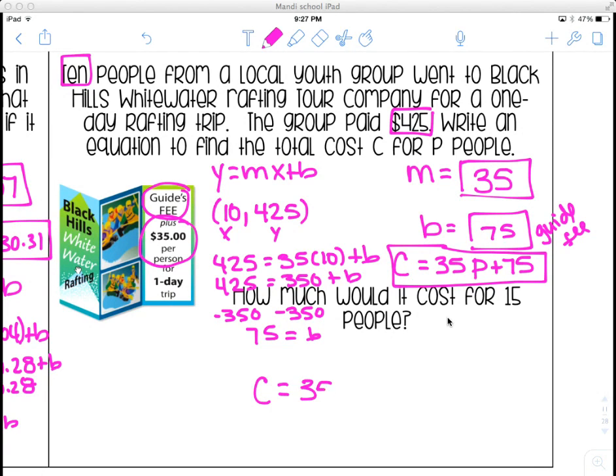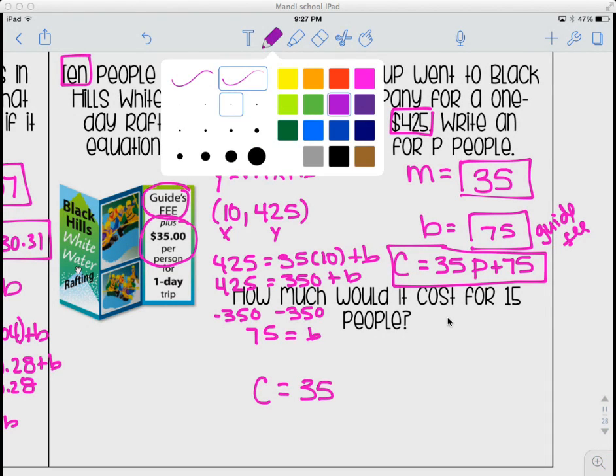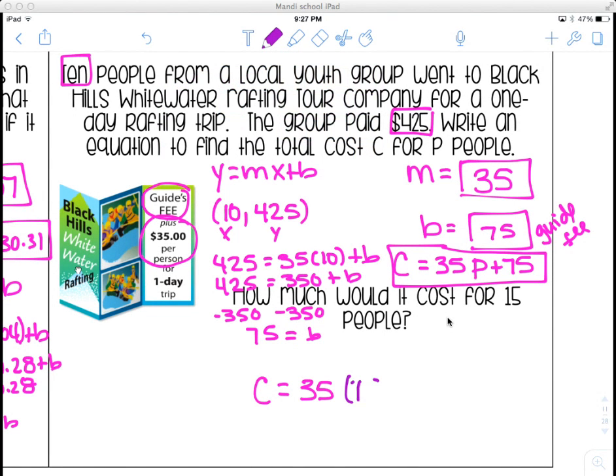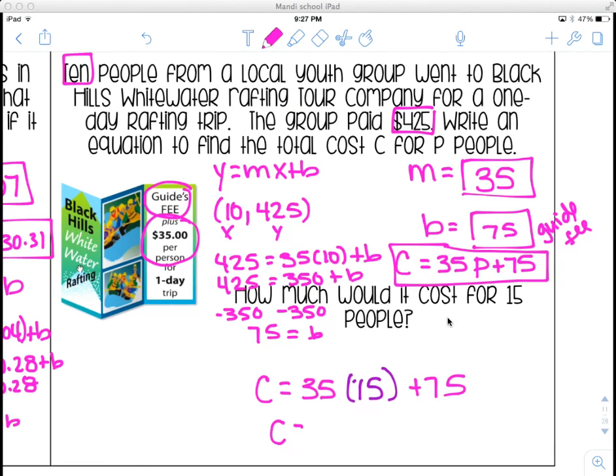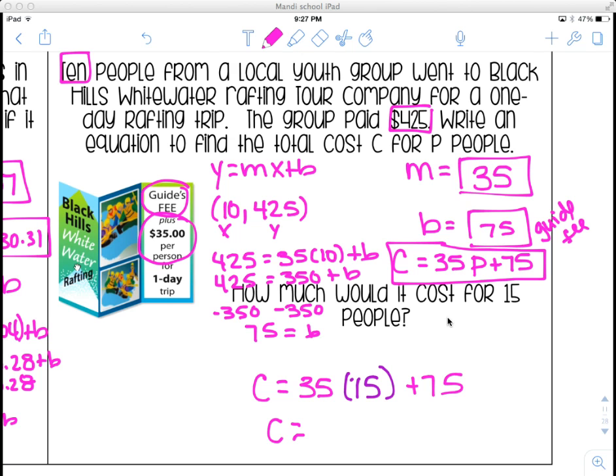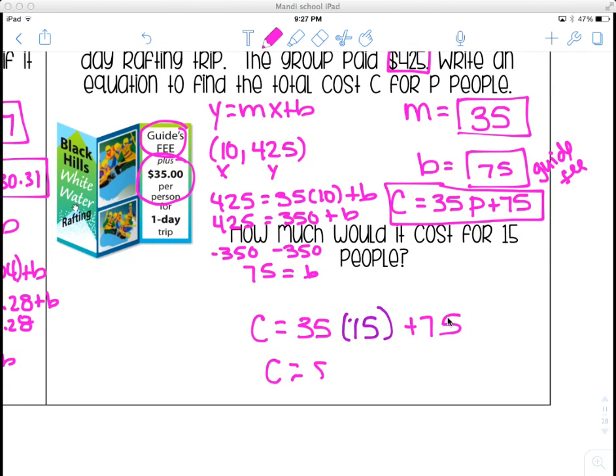So 35 times the 15 people plus 75. So if you drop that in your calculator, it should cost $600.